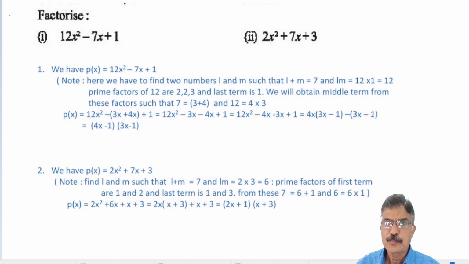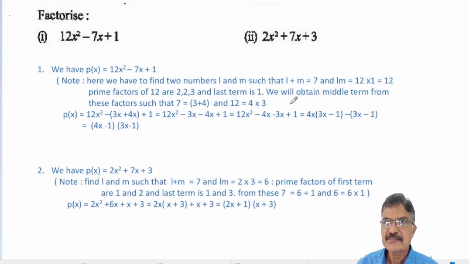In order to do this type of problem, we adopt a simple method. First we have to find the prime factors of 12 and 1, that is, prime factors of the coefficient of x square and the constant. The prime factors of 12 are 2, 2, 3, and the prime factor of the constant term 1 is 1.